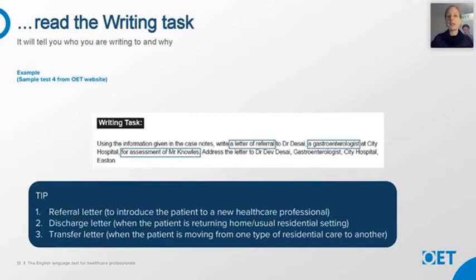A discharge letter is when the patient is returning home or to their usual residential setting. And a transfer letter is when the patient is being moved from one kind of residential care, so for example, from hospital, to another kind of residential care. For example, it could be a rehabilitation facility or a palliative care facility.